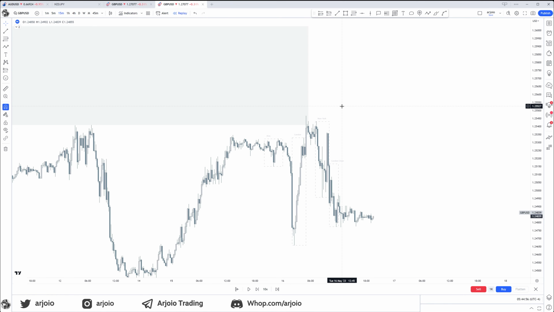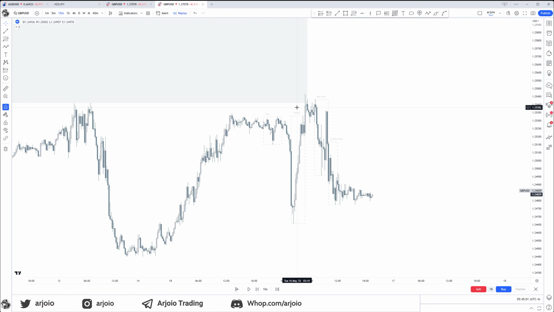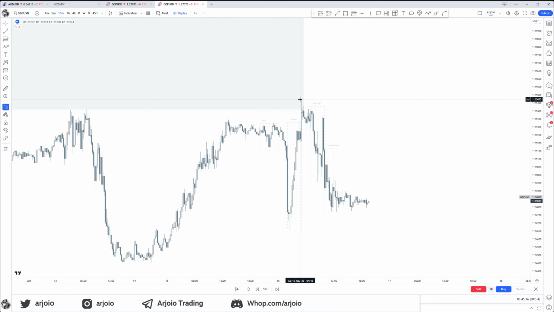That is all. That is how I knew it. And London, did it come into that daily fair value gap? No. Did Asia come into the daily fair value gap? No. So, which session or kill zone will likely come into that daily fair value gap? New York. What does that create? A New York reversal.